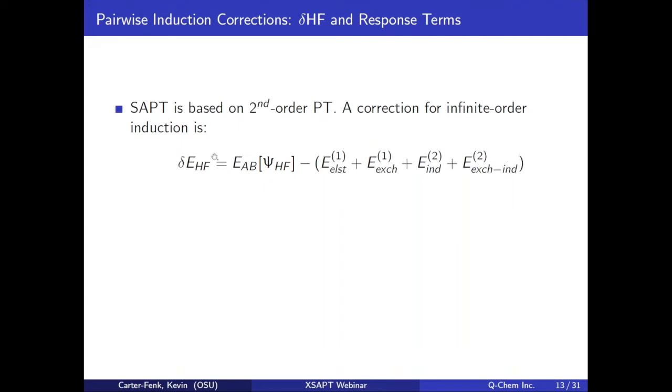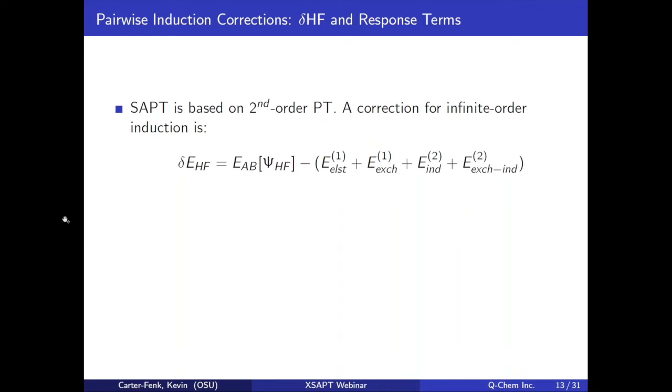So that's the first term. And then subtract out the first and second order terms from our SAPT expansion, but without any dispersion, because the Hartree-Fock wave function does not have correlation. It cannot have dispersion interactions. So what this delta HF correction amounts to then is a correction for higher than second order polarization effects.